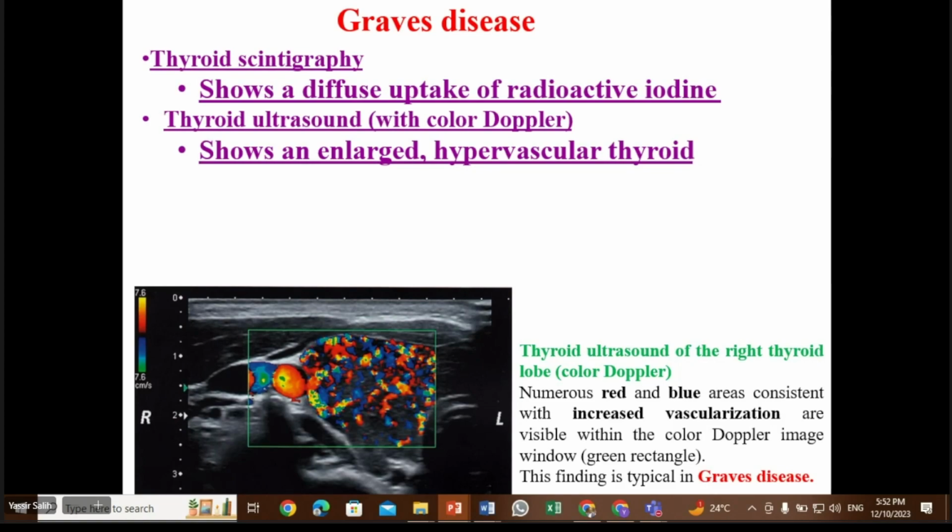A scenario may be a patient presenting with anterior neck swelling, color Doppler ultrasound demonstrating a large thyroid with hypervascularity, and thyroid scintigraphy demonstrating diffuse uptake of radioactive iodine. What is the most likely diagnosis? This is a feature of Graves disease.